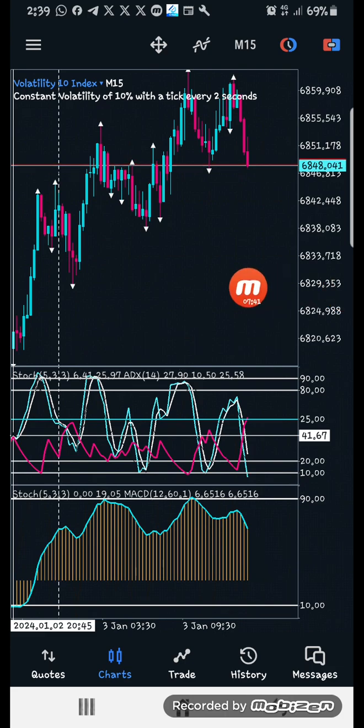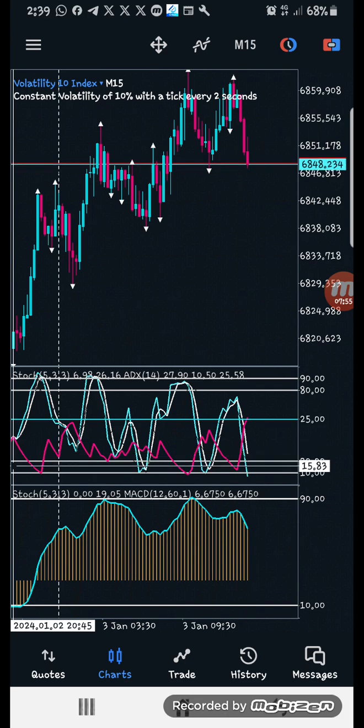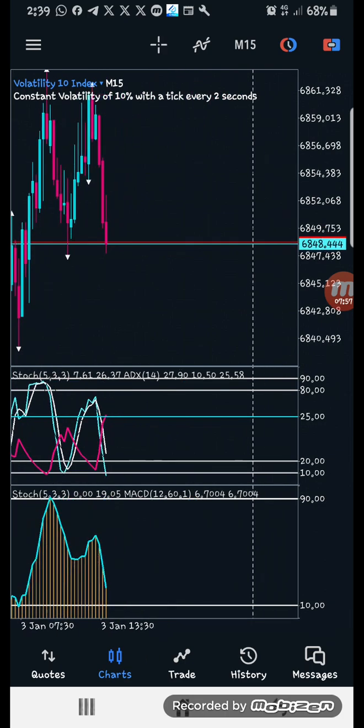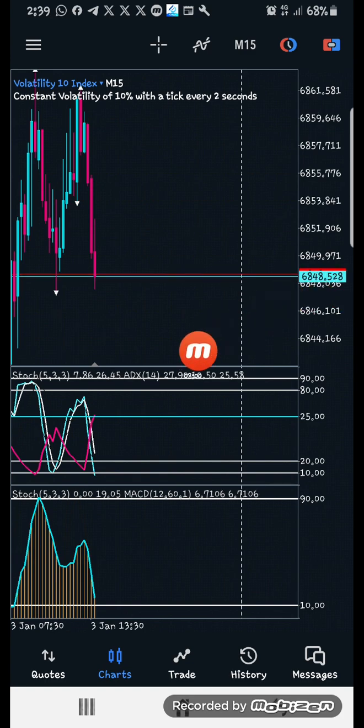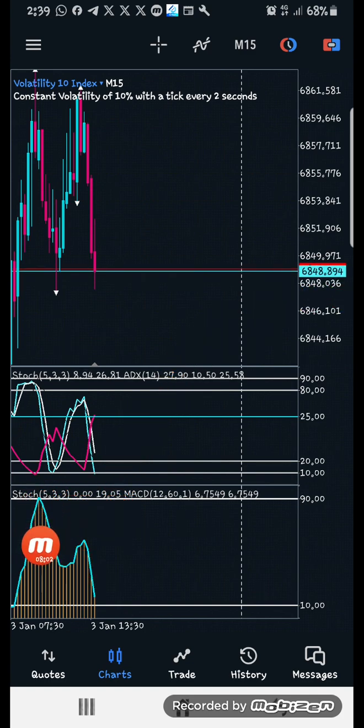And this is where the MACD comes into play. It shows you mostly the trend, the flow of the market. As the MACD is here now, when it got up here and turned, you know the market has changed.